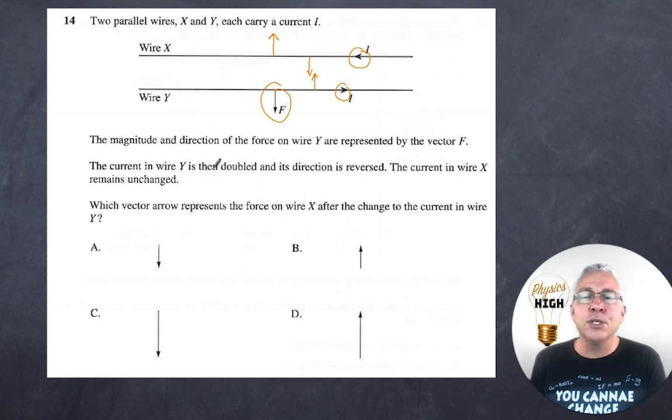But it also says that Y is doubled, so it's actually going to have a greater strength. So the strength of this arrow will be larger. But remember, it's facing in, so read it carefully. It says the force on X. It will be bigger, but it'll be heading in the downward direction. So C is our response.